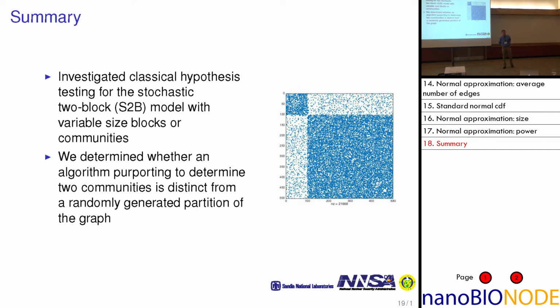What is the takeaway on how you would move from this regime to one where you have much more complicated real world graphs and no ground truth to work from?